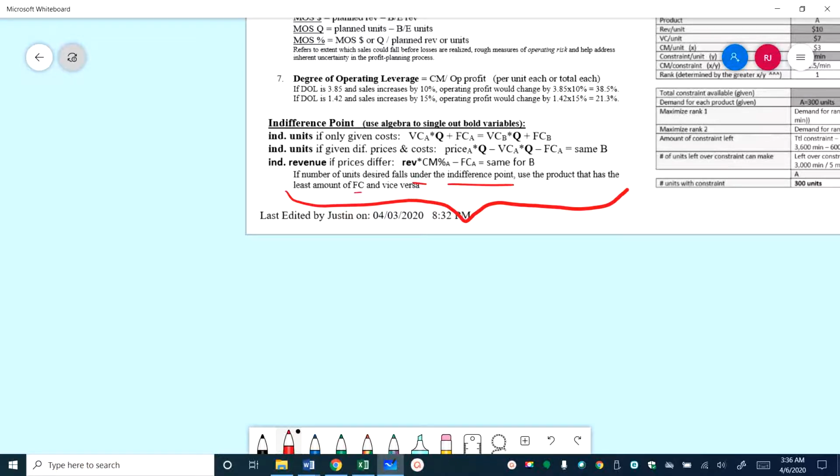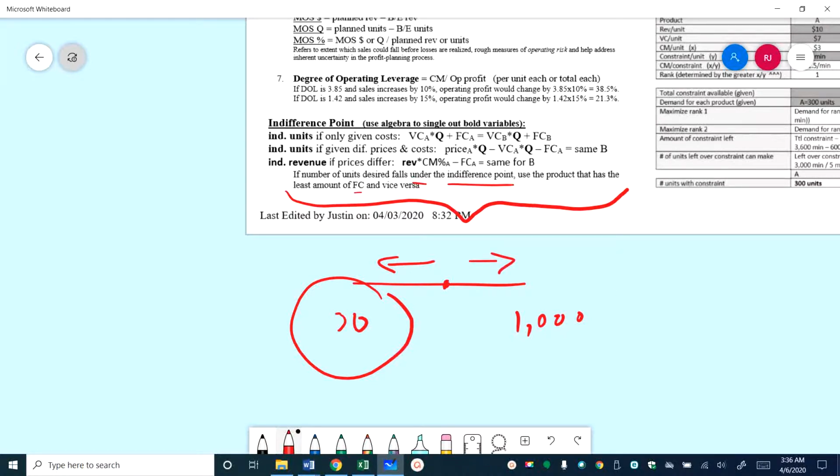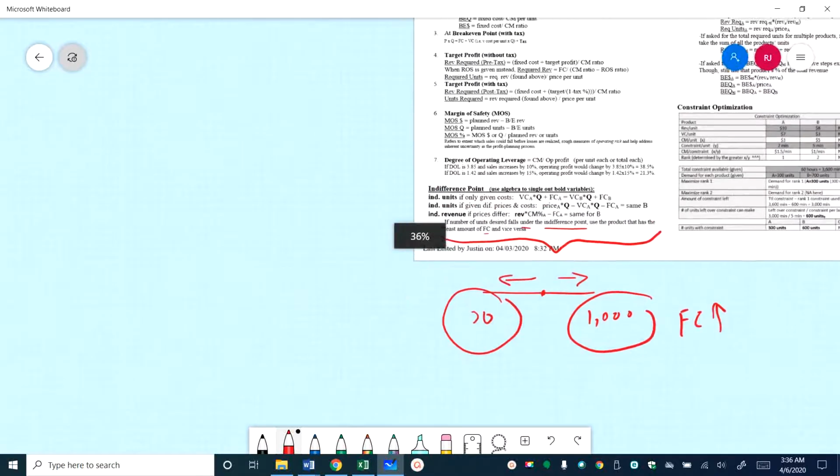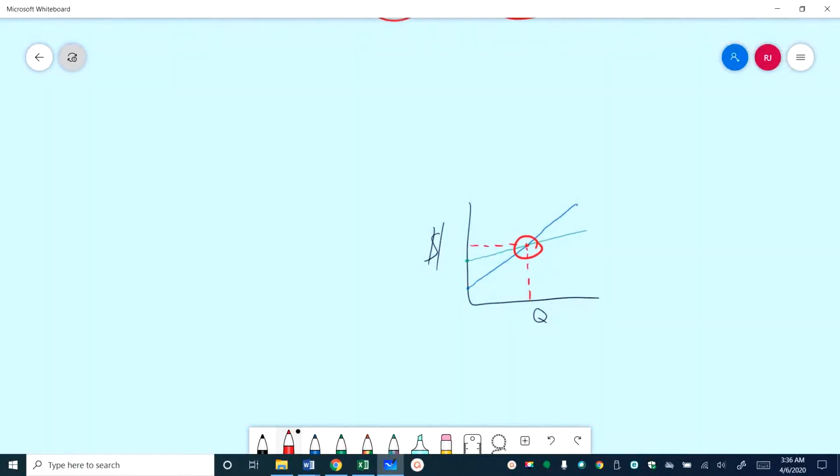So again, between that 30 pages and that thousands of pages, if it falls under that indifference point, you're going to want to go with the cheap small printer, the one with the least fixed costs, and vice versa. So if it's over that indifference point, you want to go with the one with higher fixed costs. And again, graphically, that's because of this.